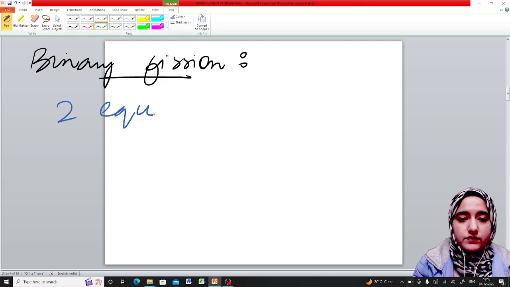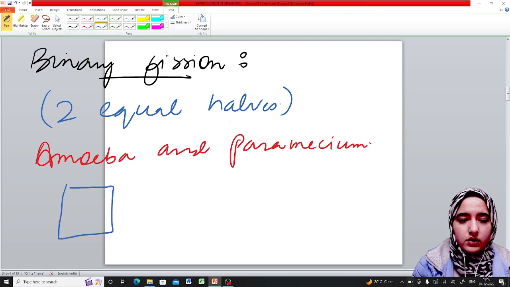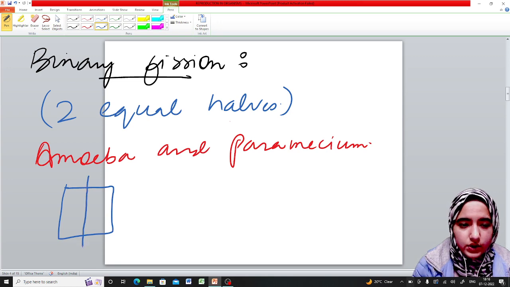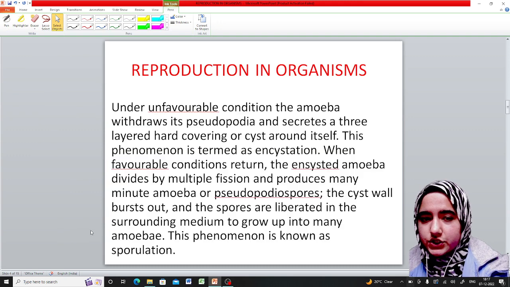Two equal halves are produced. It takes place in amoeba and paramecium, like two equal halves, exactly two equal halves. We are done with binary fission.